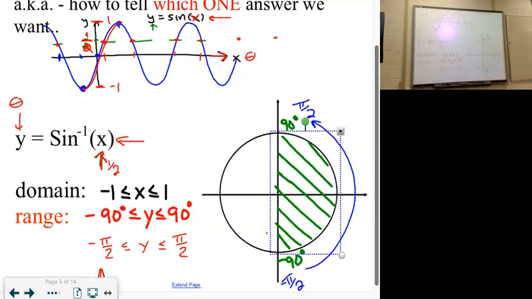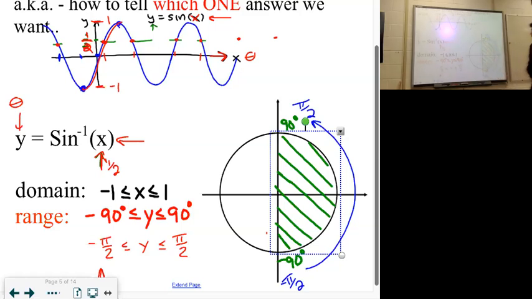Each function, the inverse sine function, inverse cosine function, inverse tangent function, they all have unique restrictions that are different than the standard sine, cosine, and tangent functions. So sine is your quadrants 4 and 1.